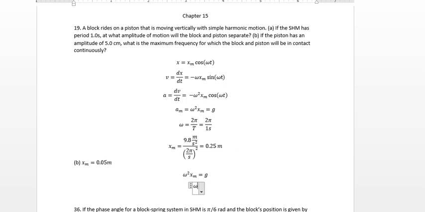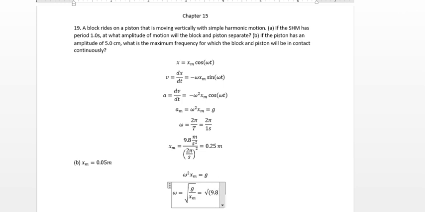So omega is the square root of g over x_m, which is 9.8 meters per second squared over 0.05 meters.